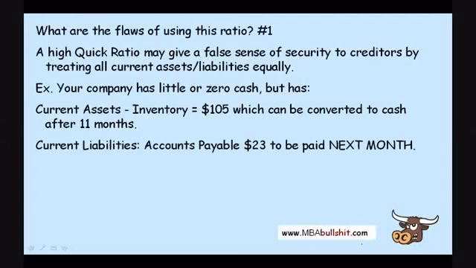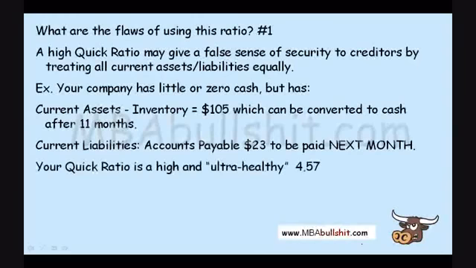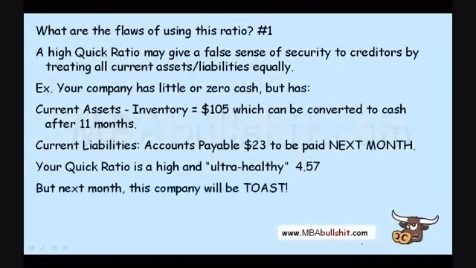But you also have accounts payable in the amount of $23 to be paid next month. So your quick ratio is a very high and ultra healthy 4.57. But next month your company will be toast. Why?